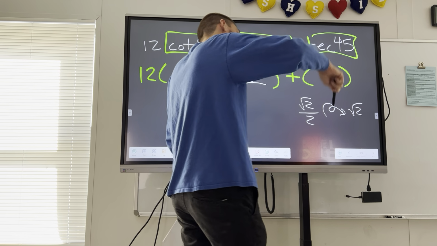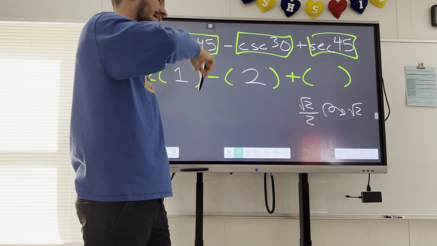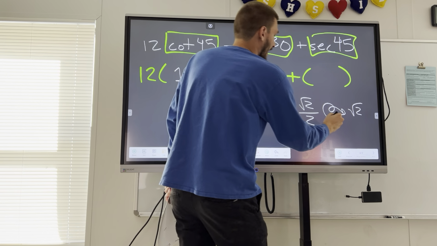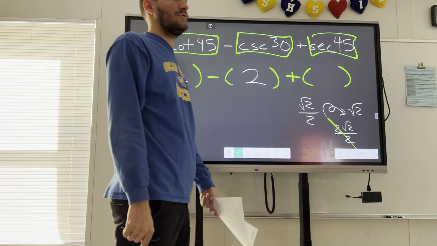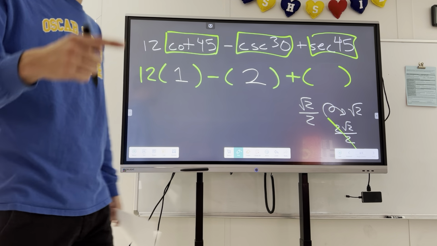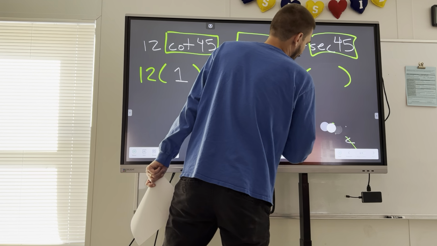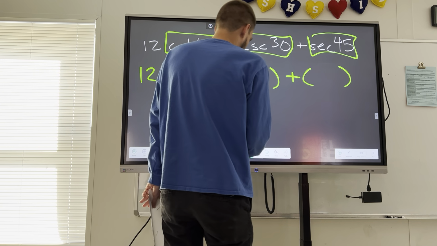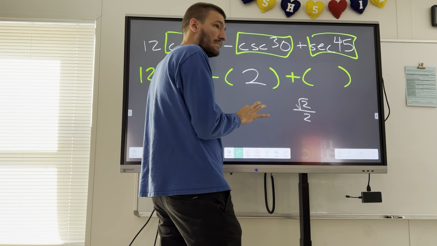Because if you do flip it upside down, you get 2 over square root 2, then you rationalize, then you're going to have 2 square root 2 over 2, cross off those 2's, and you're going to end up with just the square root 2. Here's a little bit of an aha moment, if that seems kind of random. Where does square root 2 over 2 come from?